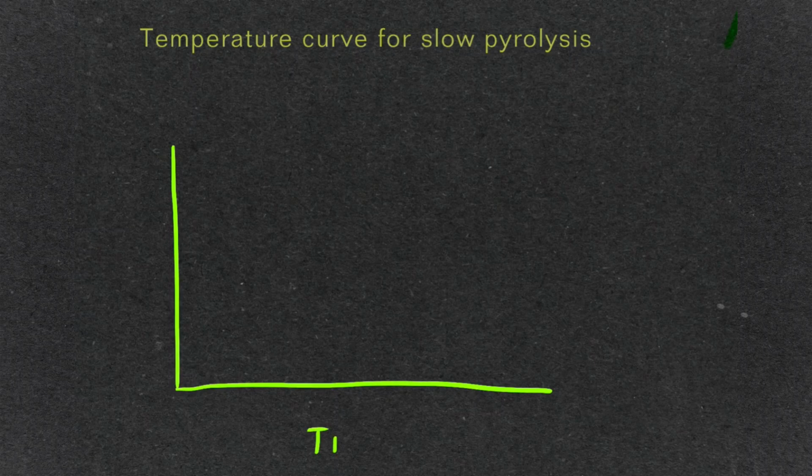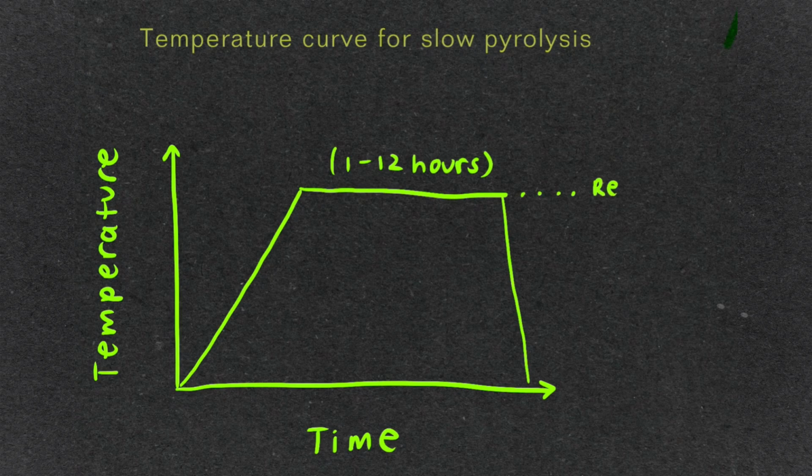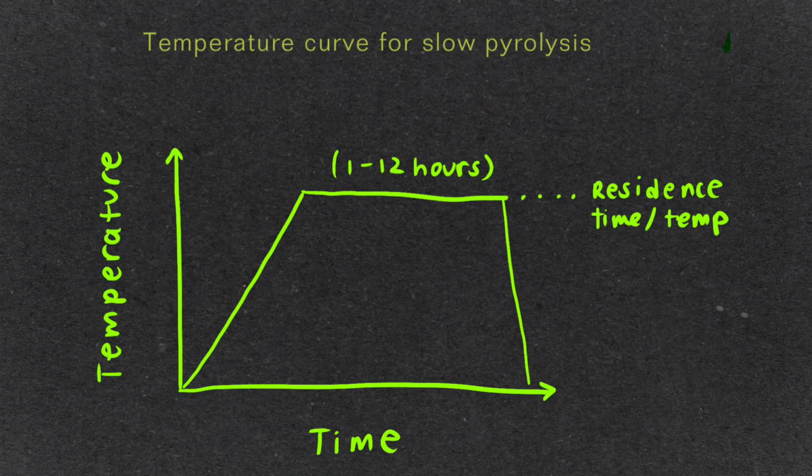Here is just a visual to help understand what is going on inside of the furnace when the biochar is being created. There is a time period when everything is coming up to the temperature that the biochar is going to be created at. So there's a period of rising temperature, and then there is a residence period.